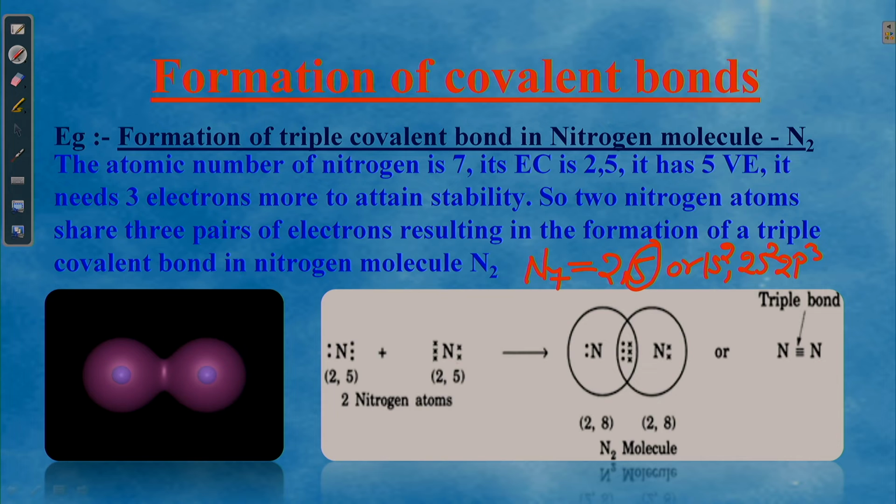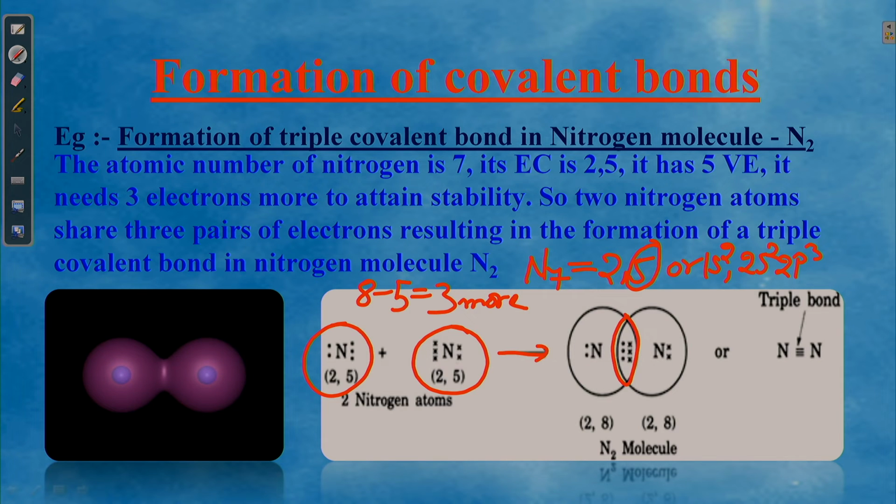So, for a complete octet, it wants 8 minus 5, that is 3 more electrons. So, for completing its octet, it will share 3 electrons. This is the first atom of nitrogen and this is the second atom of nitrogen.